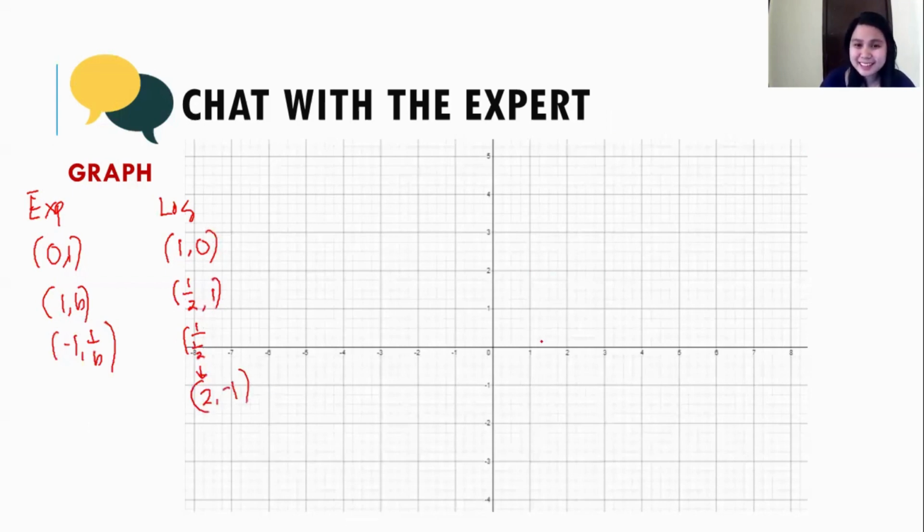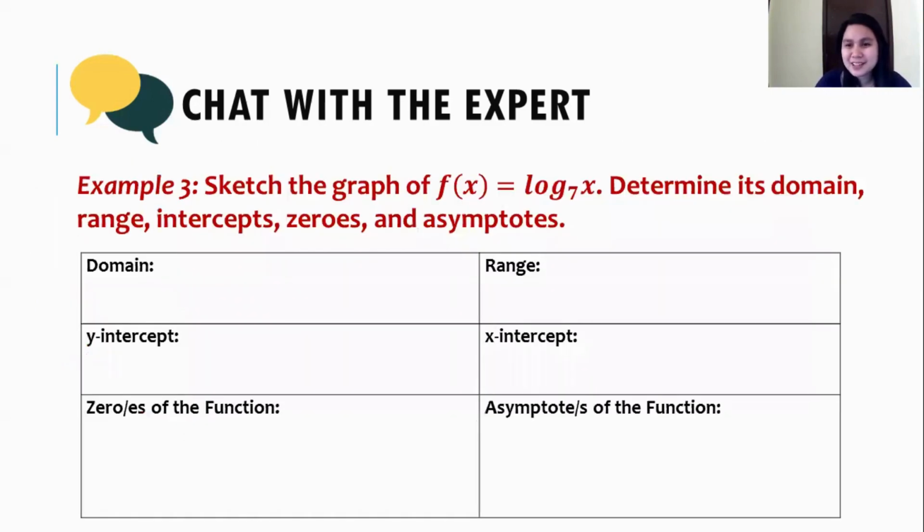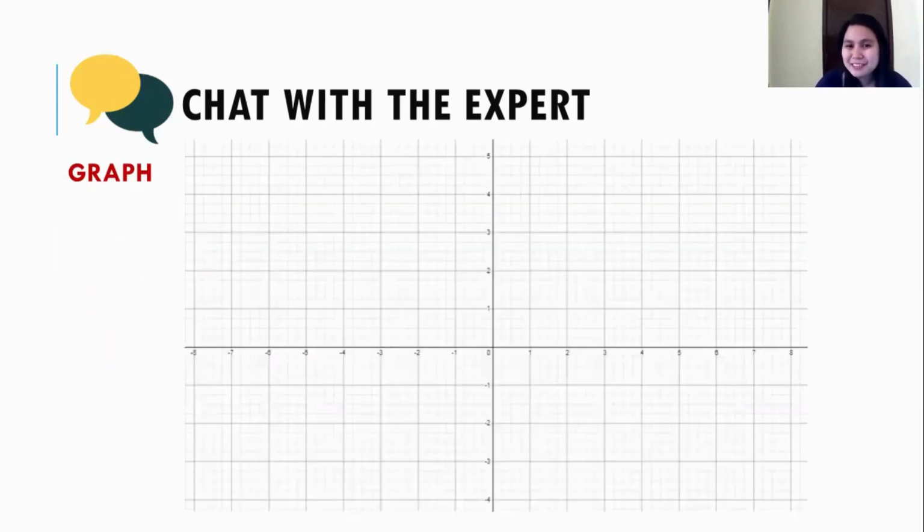Let's plot it: (1, 0), (1/2, 1), (2, -1). Here, it's decreasing because the base is a fraction between 0 and 1. That will be the graph. I think the third one is no longer applicable. You can do it by yourself.